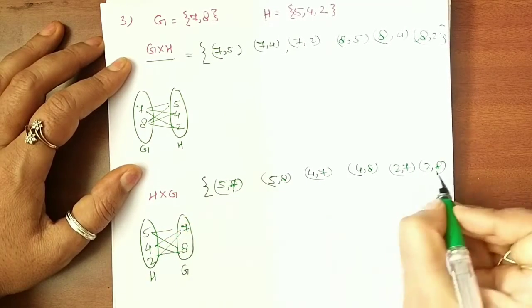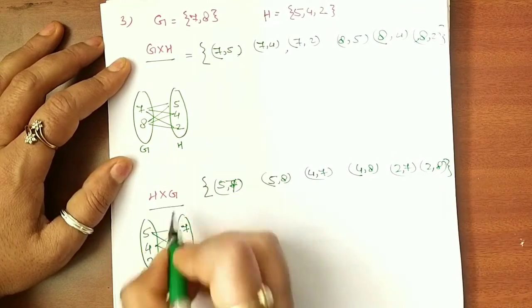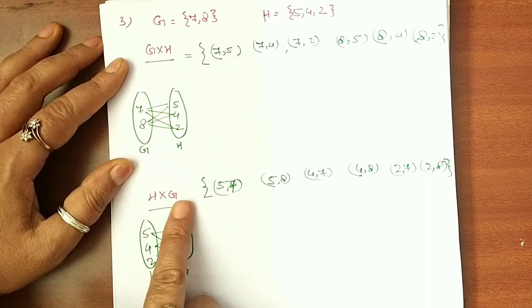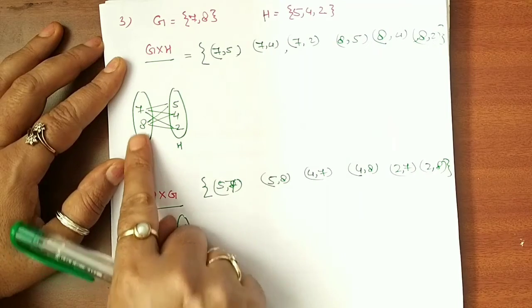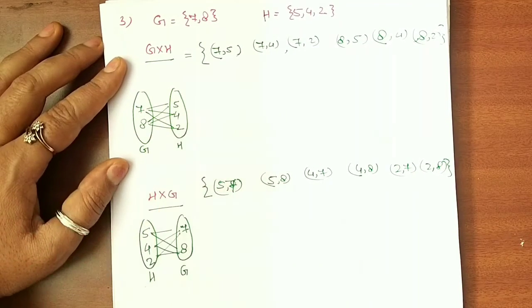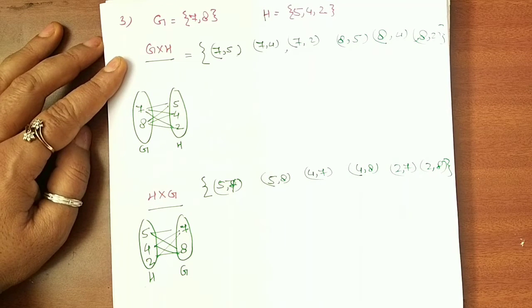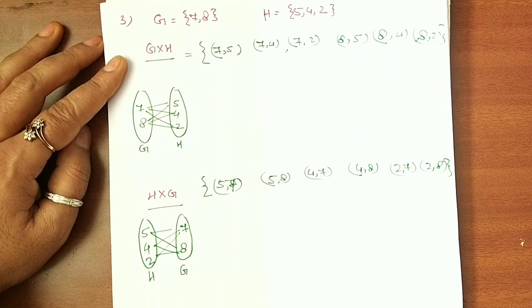And this is my ordered pair for H cross G. So remember, for H cross G we take H first and then G. Here we take first G elements and then H elements. So this was a piece of cake question.